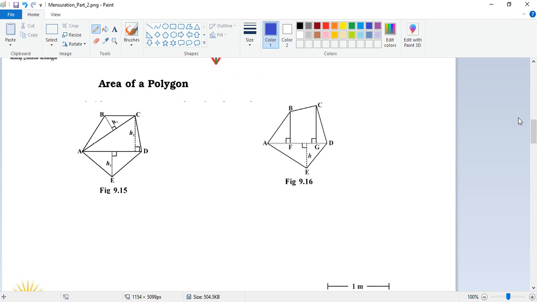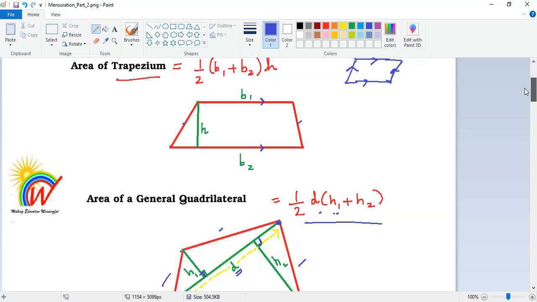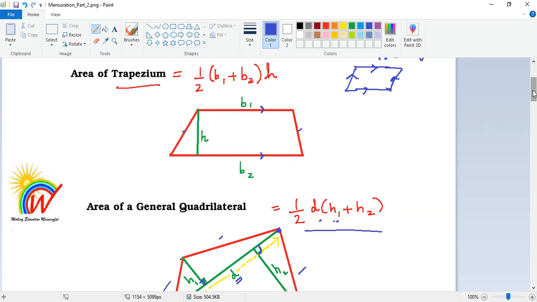Now if I ask you the area of a polygon, a polygon is like any many-sided figure. Like you see these two figures, 9.15 and 9.16. These are not quadrilaterals. Quadrilateral means it should have only 4 sides, but this has so many sides, right? So in these cases, we have already learned the area of a trapezium, area of a triangle, and area of a quadrilateral, right?